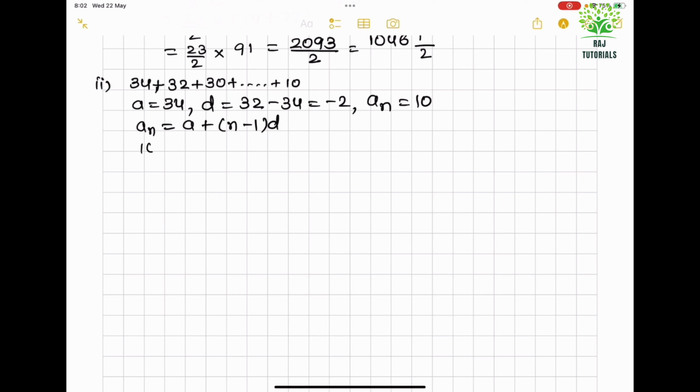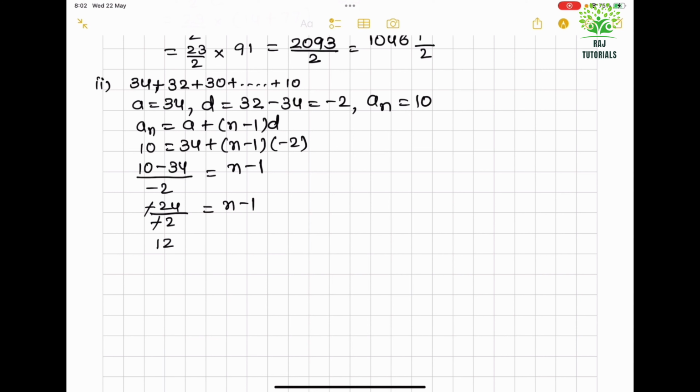So an is 10, a is 34, n I don't know, and d is minus 2. So 10 minus 34 by minus 2 will be n minus 1. So minus 24 upon minus 2 equal to n minus 1. So 12 equal to n minus 1. So n equal to 13.